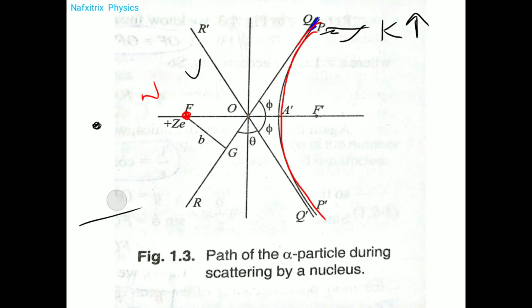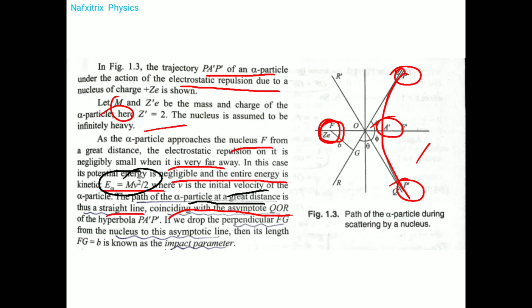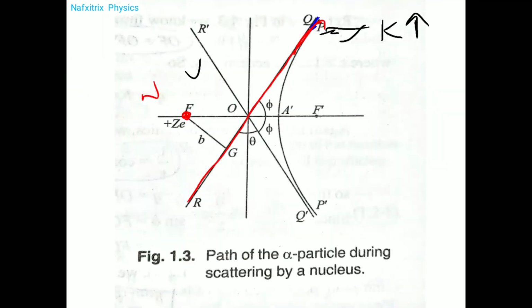As the alpha particle is going in this direction, the tangent to that is nothing but this asymptote. If we drop the perpendicular FG from the nucleus to this asymptotic line, then its length is the impact parameter.